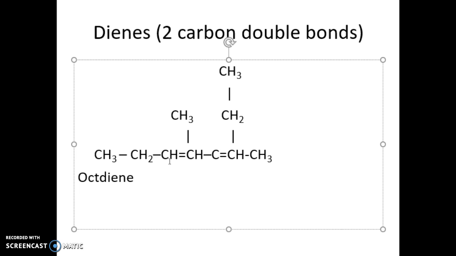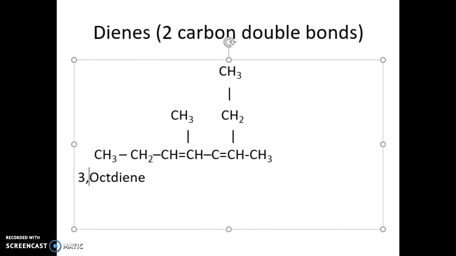So it doesn't really matter which way we go. If we go 1, 2, 3, we get to the first functional group, methyl. If we go this side, 1, 2, 3, 4. So we'd probably come from this side and go 1, 2, 3, methyl. Okay, so we have 3.